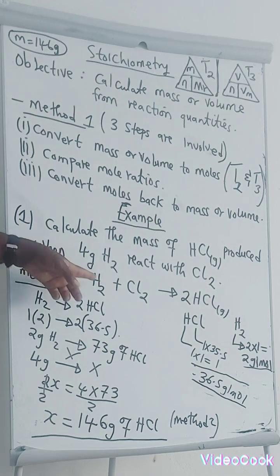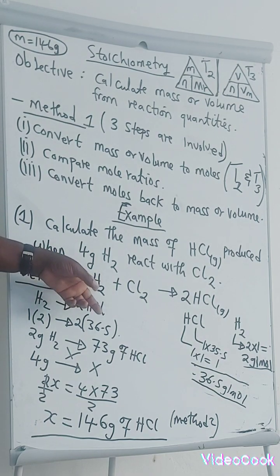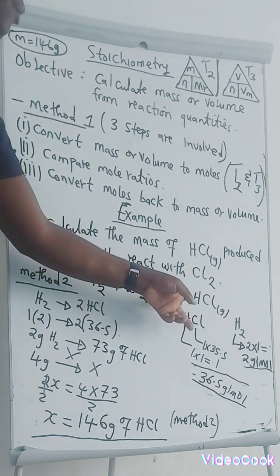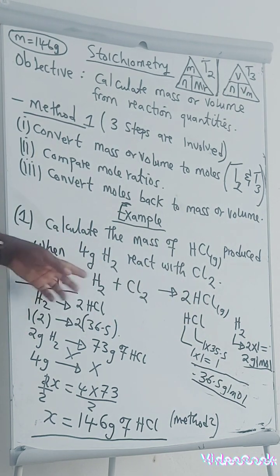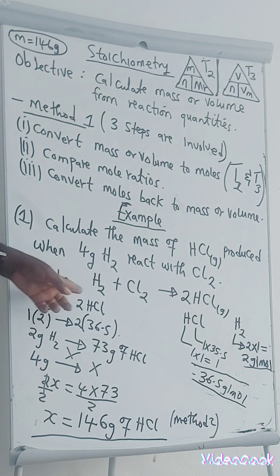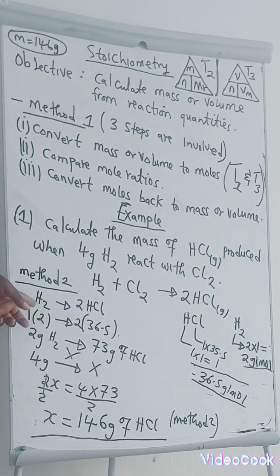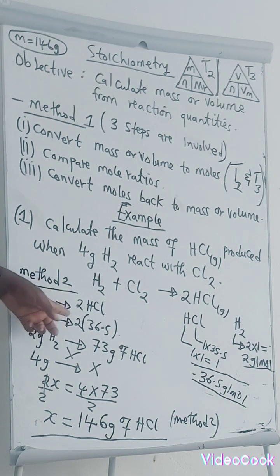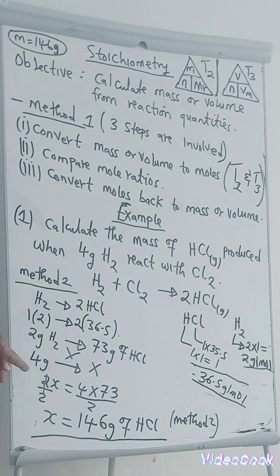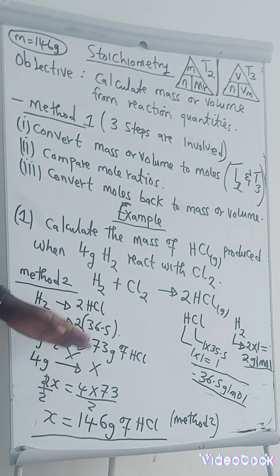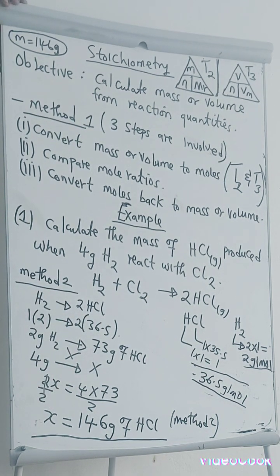Method 2 required us to take the hydrogen which is given and the one we want to calculate and do a mass to mass calculation: 2 grams, 36.5, then in 4 grams, how much do you get? So this is 146 grams.